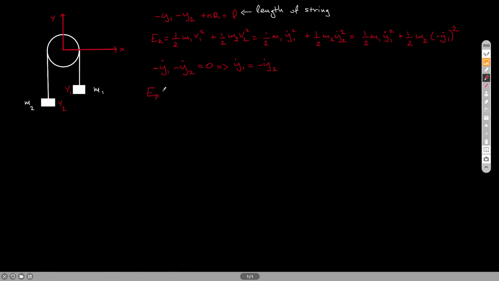The potential energy for the system is m1 g y1 plus m2 g y2. And again, in a similar fashion, I will use the constraint.